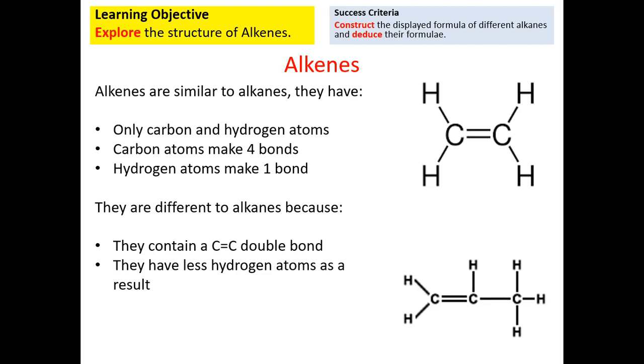And as a result of this carbon-carbon double bond, it means that fewer hydrogens can attach on. So you can see from the top one that you've only got 2 hydrogens per carbon atom, whereas if you had 2 carbon atoms in an alkane, there would be 3 hydrogens on each carbon atom.